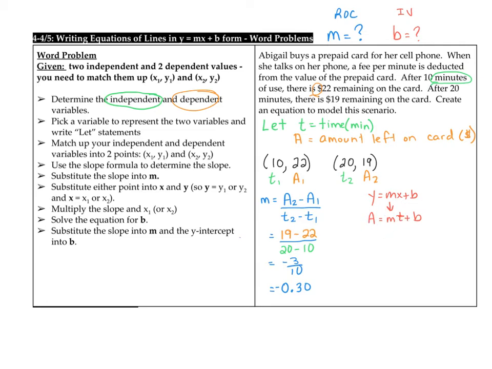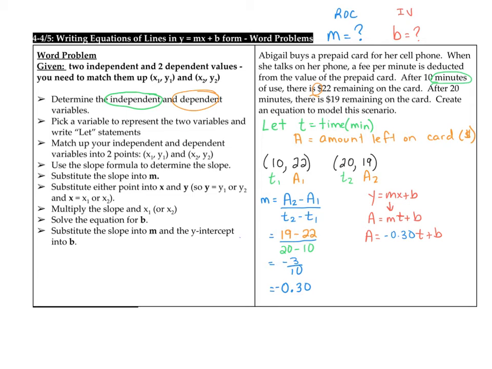So the first thing you're going to do is, we know that the slope is -0.30, so you're going to substitute that in for the slope. And to solve for the y-intercept, what you're going to do is take either one of these points and substitute it in for the t and the A. You can choose either one.